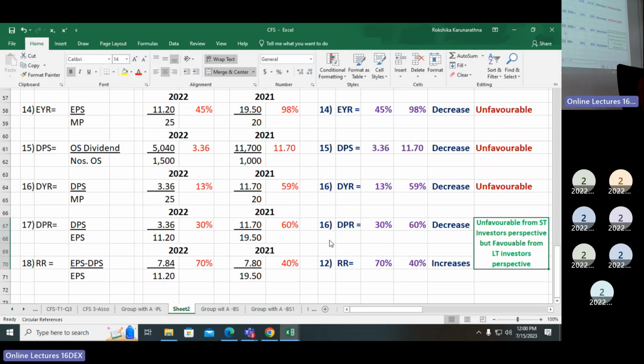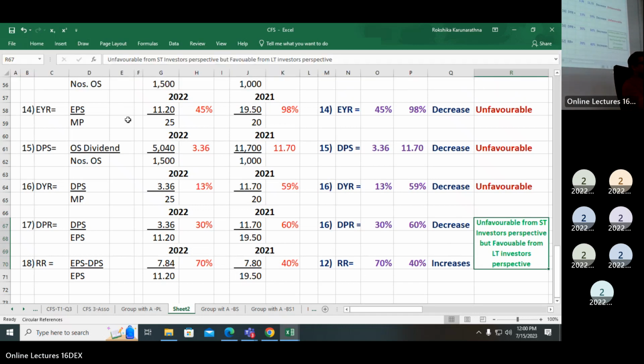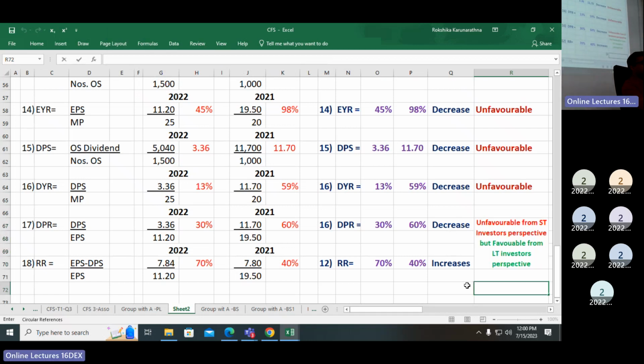Unfavorable from short-term investors' perspective. Right? But favorable from long-term investors' perspective. Long-term කෙනෙක් පැත්තෙන් බැලුවොත් එයා කැමති payout එක 30ක් තිබිලා retention 70ක් තියෙන එකට එයා කැමති dividend 60ක් ගෙවලා 40ක් retain කරනවට වඩා.